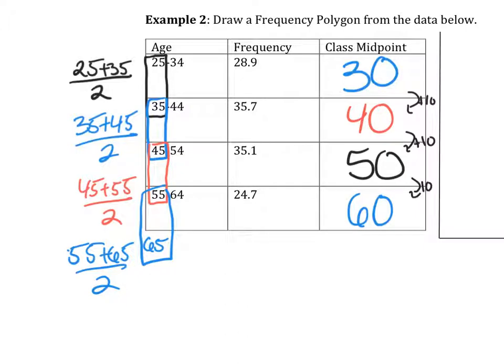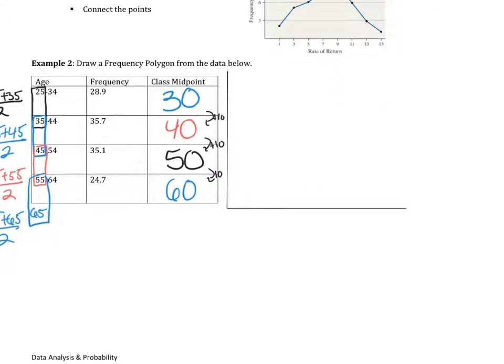So now to do your frequency polygon, we'll have our midpoints as the x-axis. In reality, this label would still have to be whatever units your values are in. In this case, we're dealing with age. So our label should be age. I'm just writing midpoint so you remember it's the midpoints that go there.